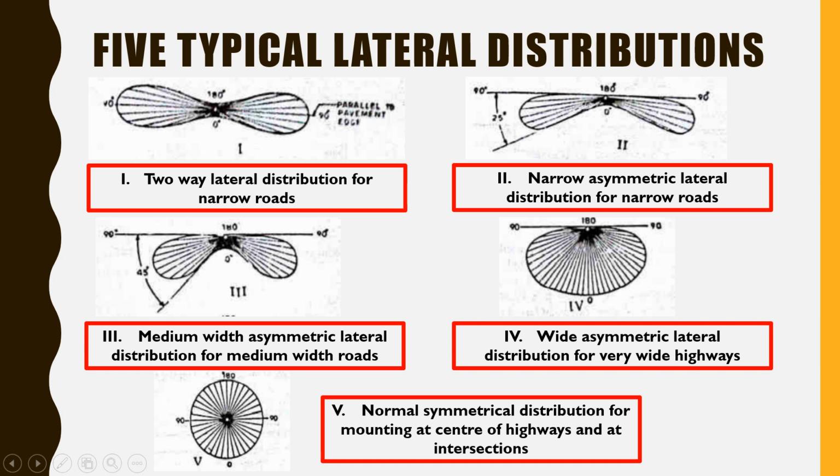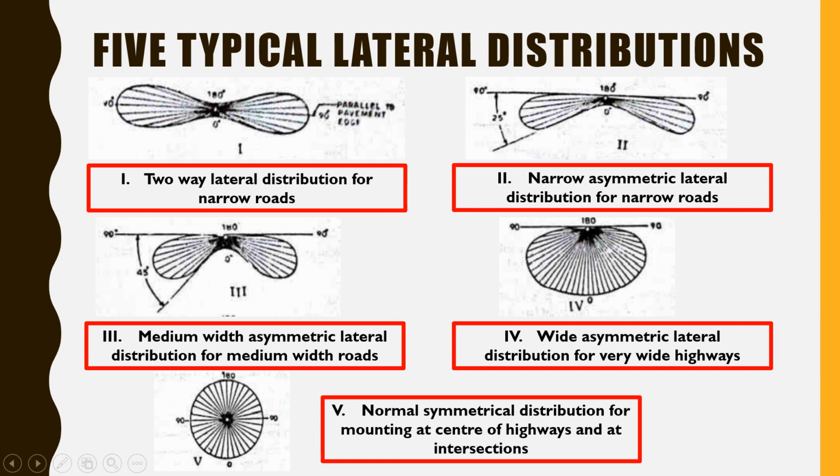Now let us see what these 5 types of horizontal distribution are. First type is two-way lateral distribution for narrow roads. Now let us see this picture. From 0 degree to 90 degree, this horizontal line is perfectly 90 degree, and you see the illumination is from both ends; above 90 degree also we get the same illumination as 0 to 90 degree. It gives very little brightness, and this is favorable for narrow roads.